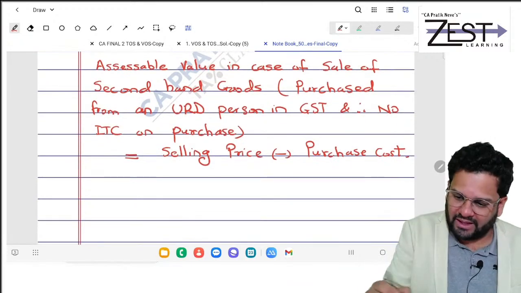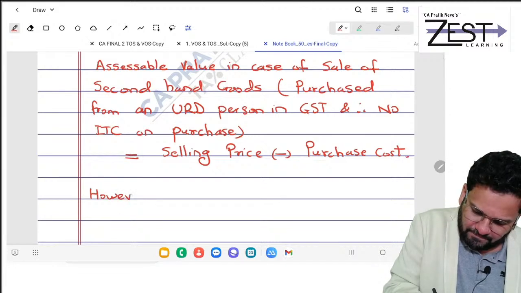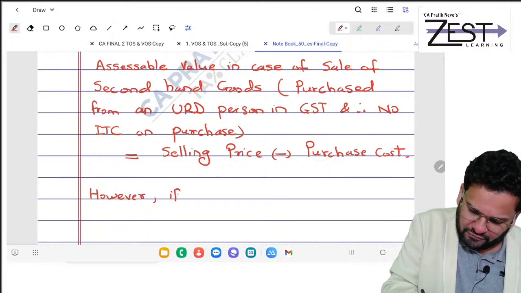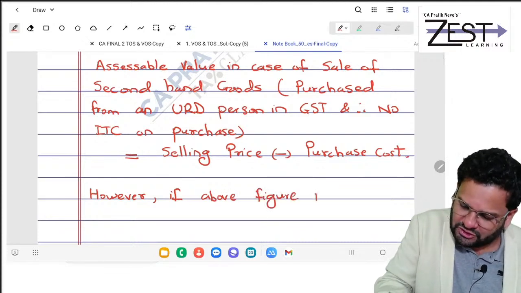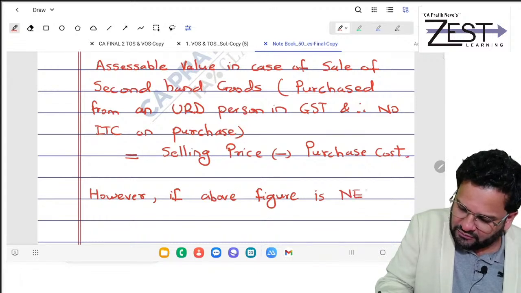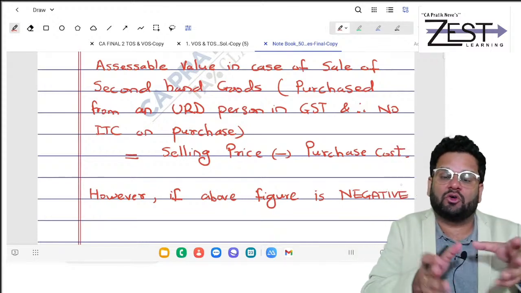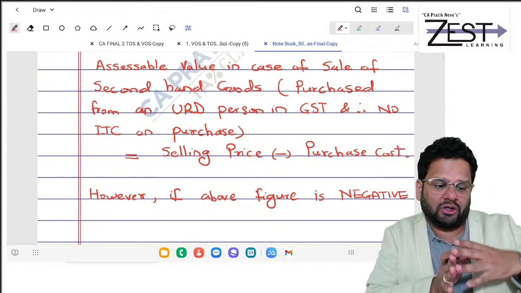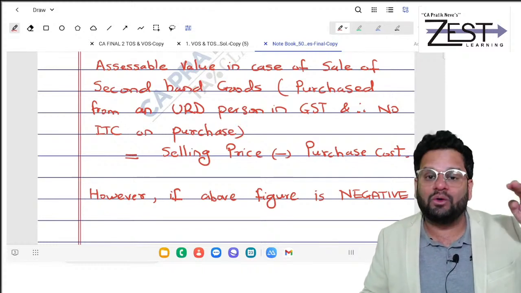But one thing I would like to tell you, however, if the above figure, meaning selling price minus purchase cost, is negative, it can happen sometimes that whatever goods you have purchased, you are not able to sell them profitably, so you sell them at a lower price.